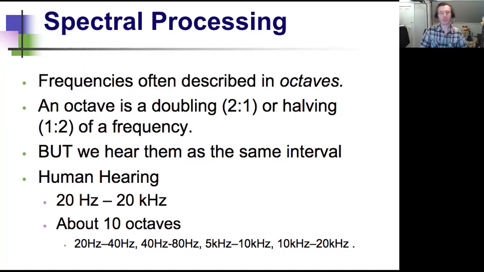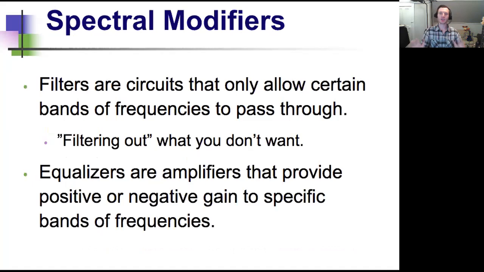All right, so let's jump first to that third-ish category I mentioned, which is called filters. And these are circuits or algorithms in a computer that only allow specific frequency bands to pass through them. They filter out what you don't want.